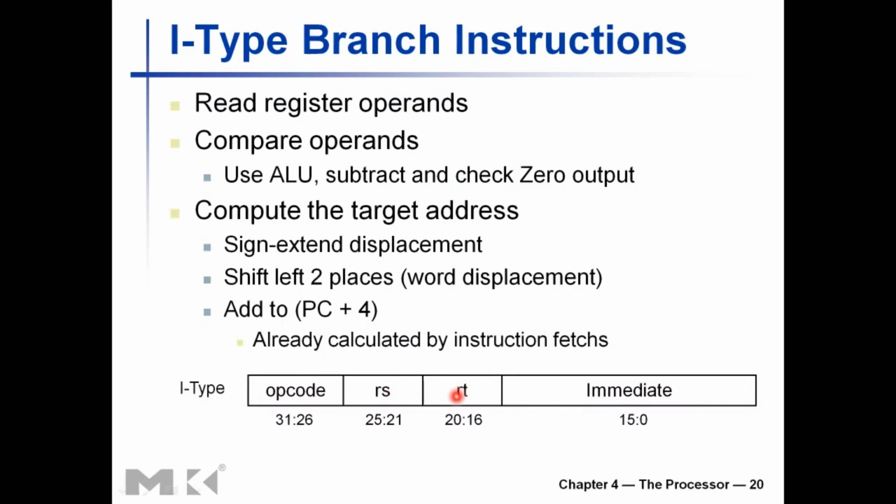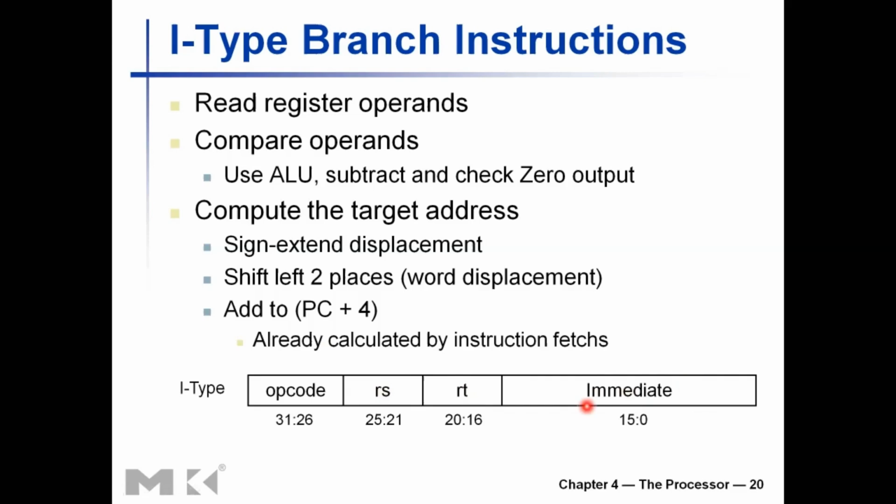Based on the result of the subtraction of these two register operands, you ask the CPU to change the program counter using this immediate value. So you need to read these two RS and RT values from the register file, compare them, and use the ALU to subtract. The result tells whether they are equal or not, or which one is larger. Then update the program counter using the immediate value if the branch is to be taken.